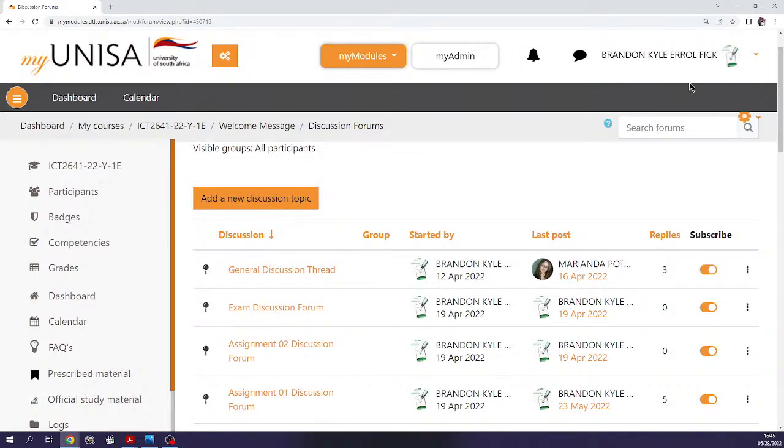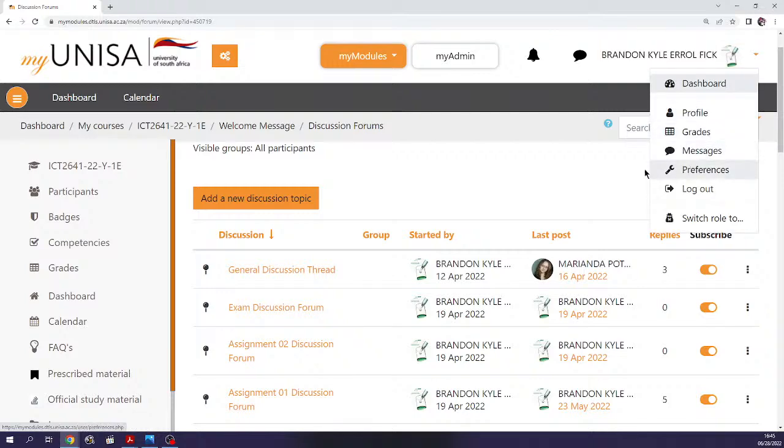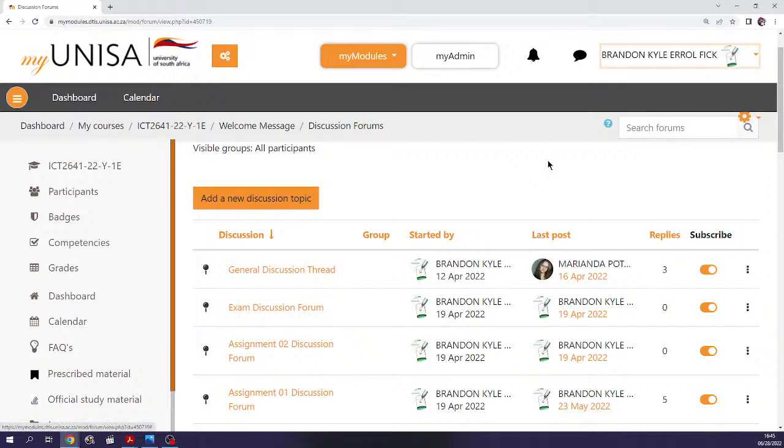I do think that you can private message people on the MyUnisa platform. I haven't used it before. There's a messaging feature or something. You can also use WhatsApp. Please, if you need help, especially with coursework, because the coursework is essentially my forte. It's what I'm focused on the most.